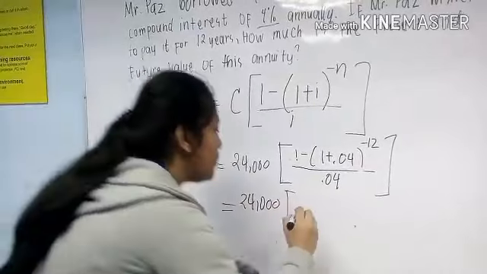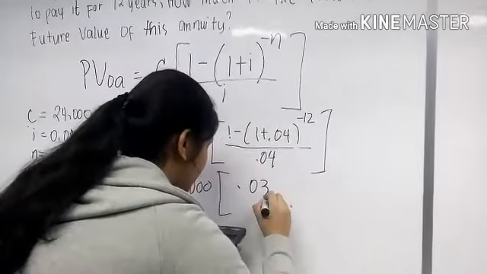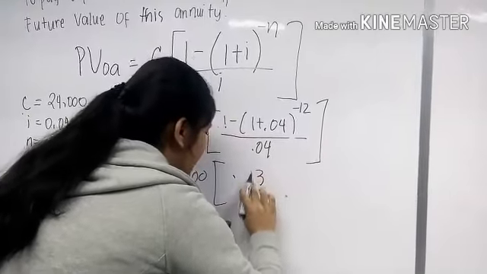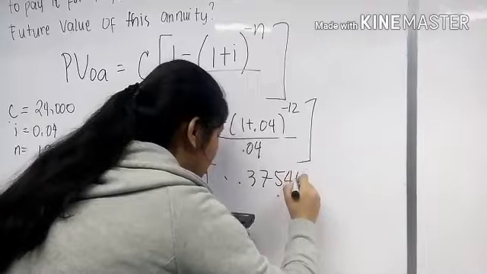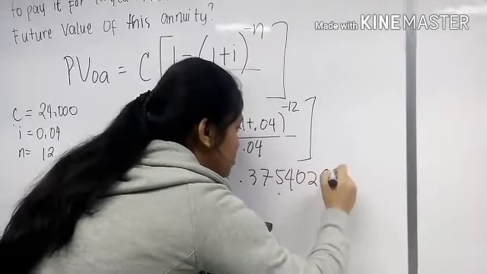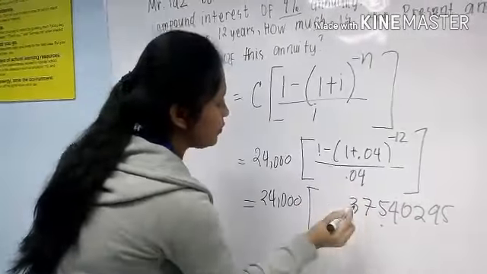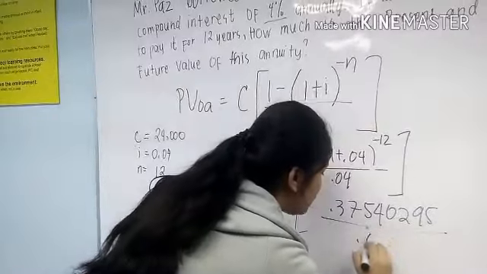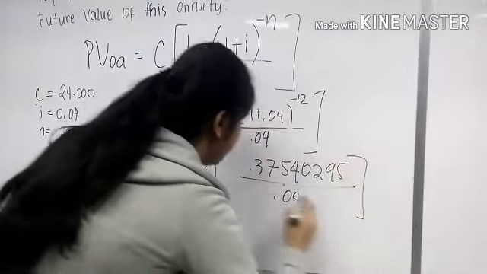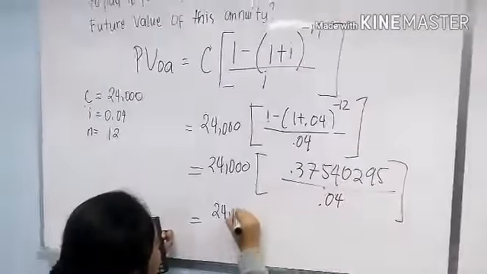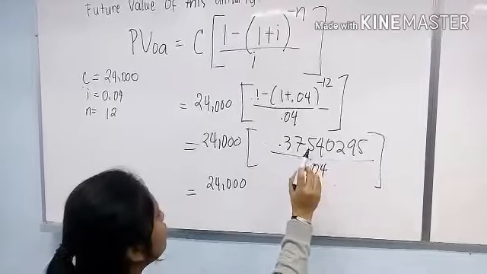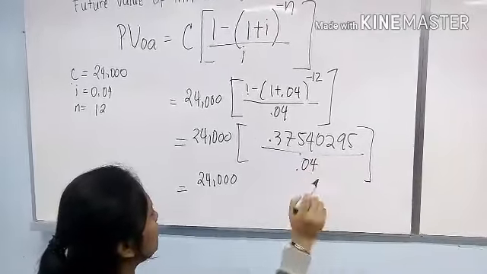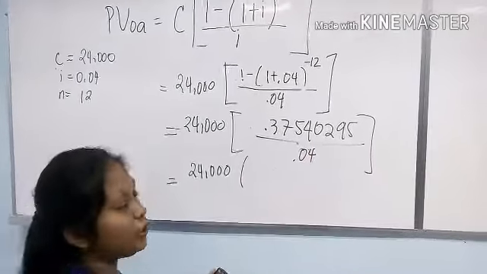So we have 0.37540295. You have to copy all the decimals over 0.04. Next, copy the 24,000, then divide 0.37540295 by 0.04. So type it in your calculator.